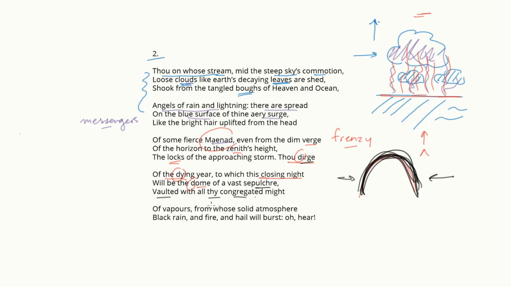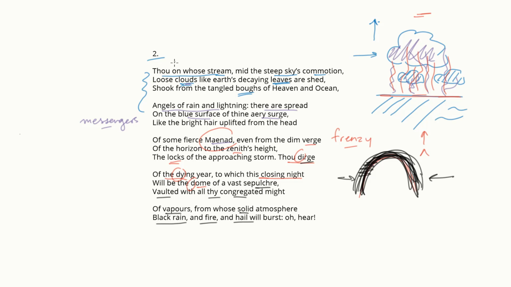And all of this might is of vapors, water vapors, as we've said before, from whose solid atmosphere, now water isn't solid, but as I keep drawing these, this pattern here, you're starting to get the sense of something very solid, right? As if it's a building, as if it's a structure. And from this solid atmosphere, black rain and fire and hail will burst. Oh, here.